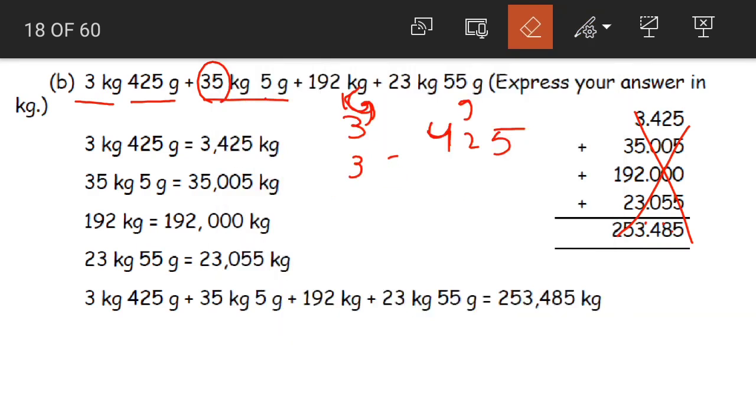No, this will be wrong. See here, 5 is in the ones place, 3 is in the tens place. So below the ones place we'll have to write the digit in ones place only. So below 5 and 3 we'll write 35, then 5 grams.